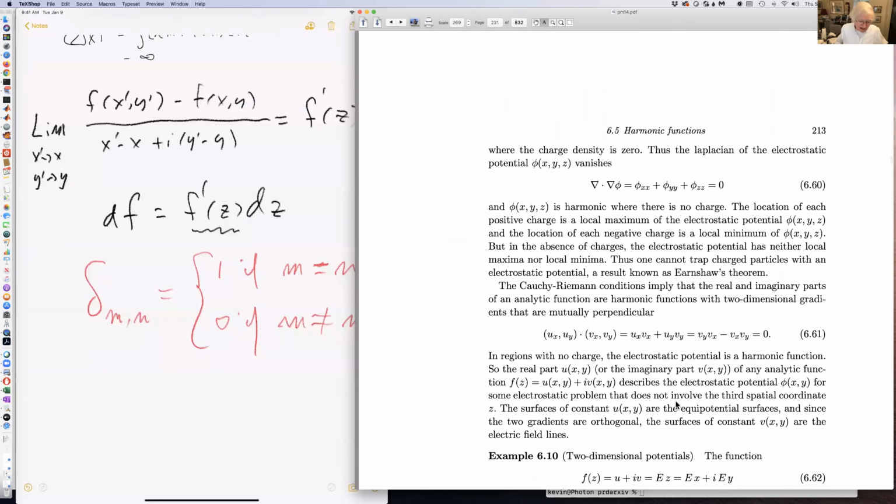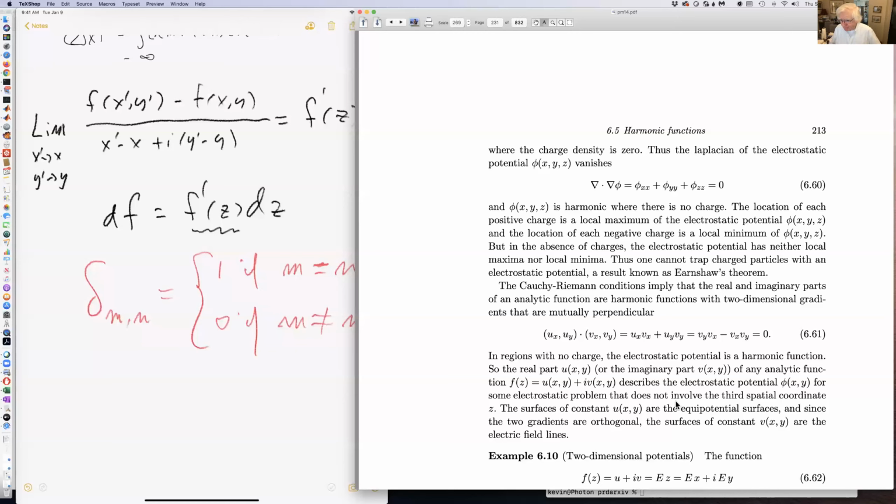So in the region of no charges and no time dependence, the electrostatic potential is harmonic, and therefore it cannot have a local minimum or a local maximum.